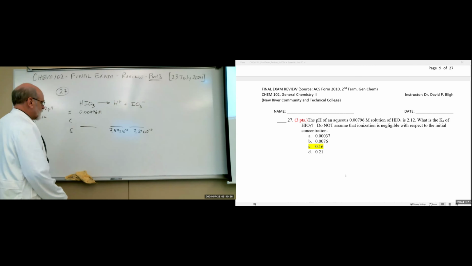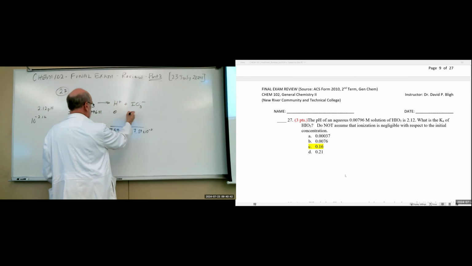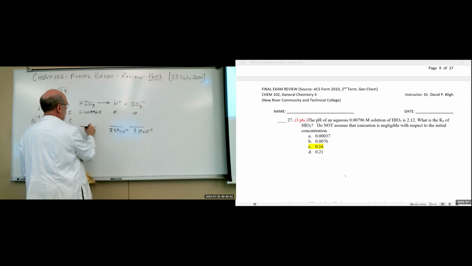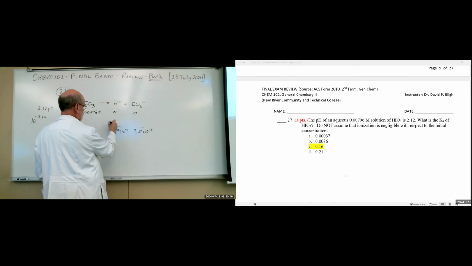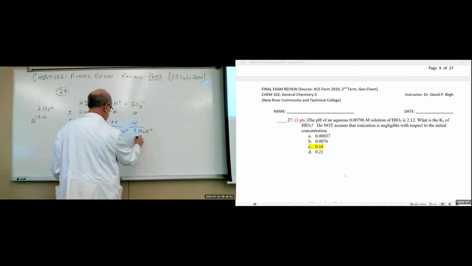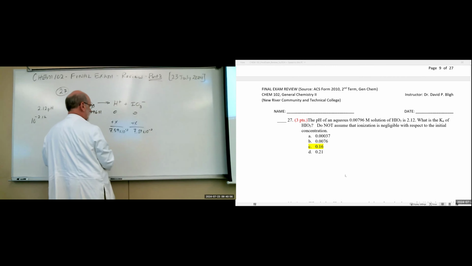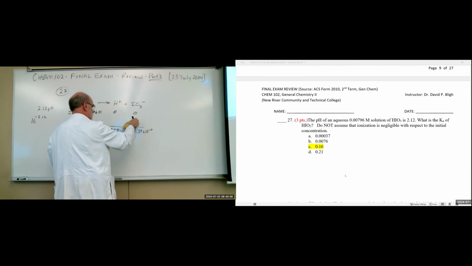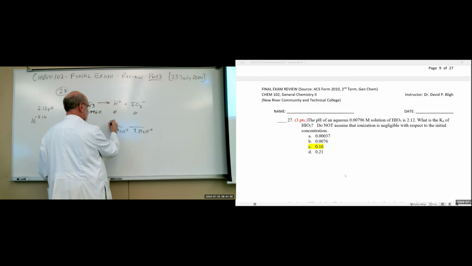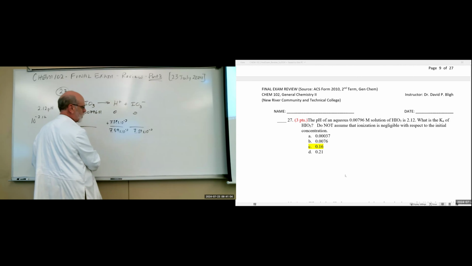Okay, so we know that. Starting off with 0 here, and this is plus x. Actually, that's not right. It's 7.59 times 10 to the minus 3. We know what it is.